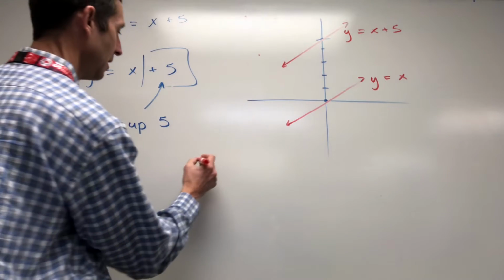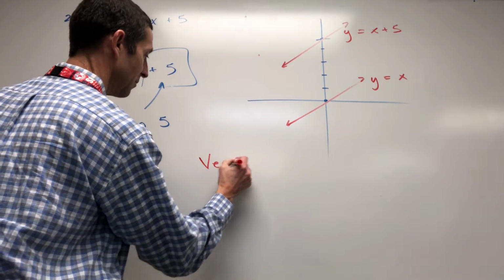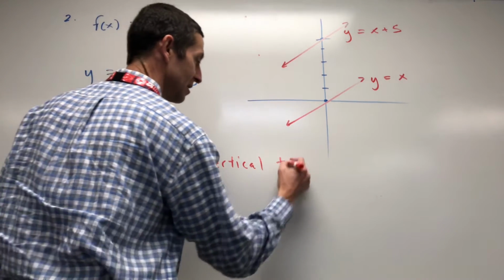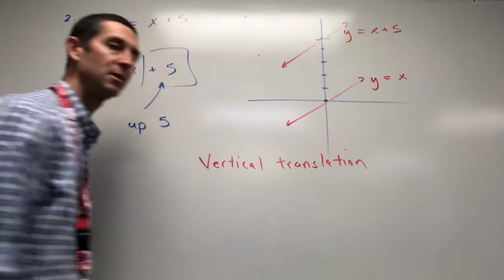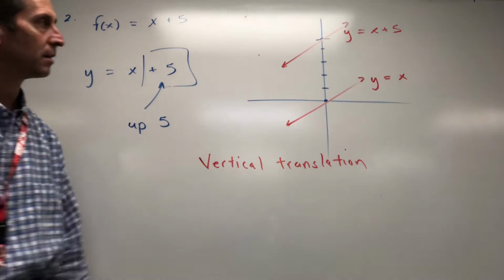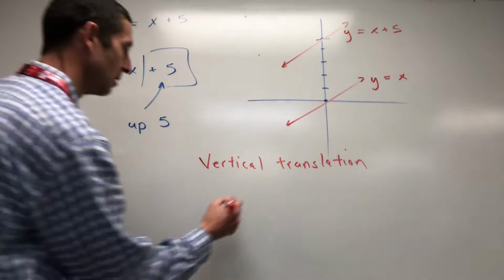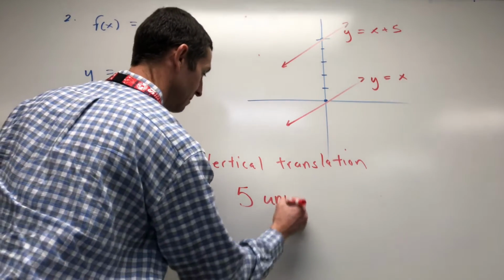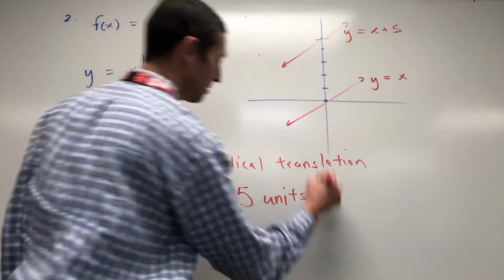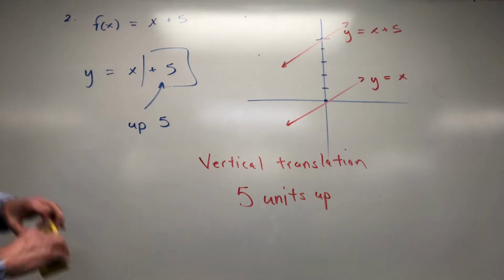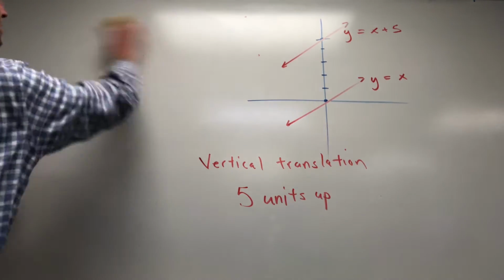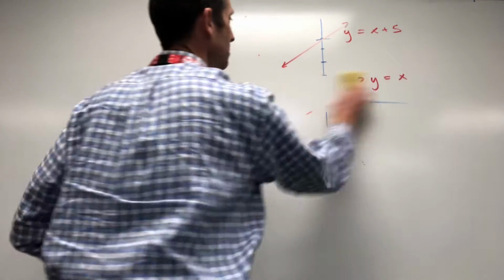It's definitely a vertical translation. And then you just tell how many units up, down, left, or right. Looks like we went 5 units up. And there you go. All right, let's do some absolute value and some quadratics. Let's mix it up.